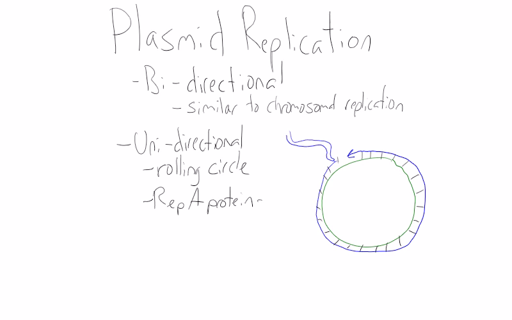A 5' to 3' connection will be broken, which then brings in helicase, which will move continuously around the plasmid and synthesize the complementary strand continuously all the way around, while the other complementary strand is synthesized as it is pulled off here. This is used by many bacteriophage viruses to replicate their DNA.